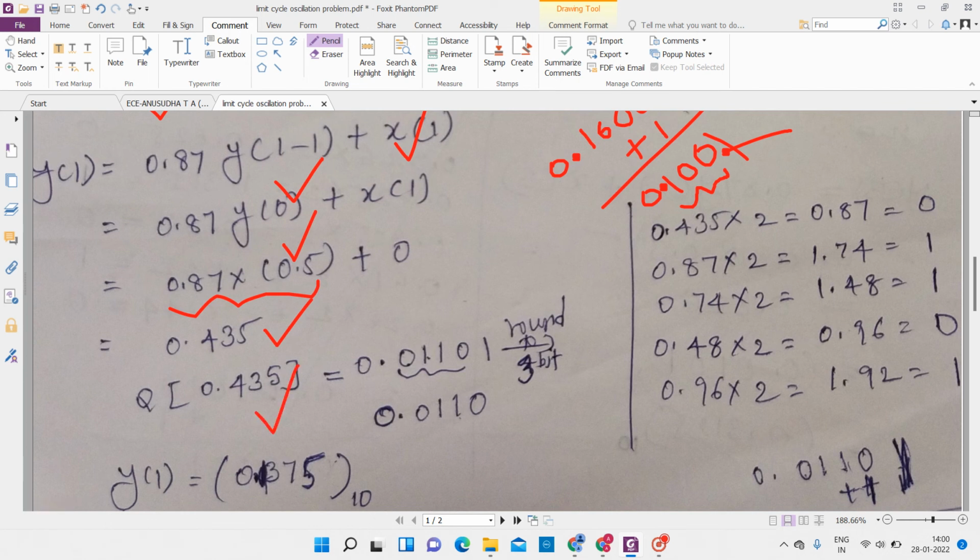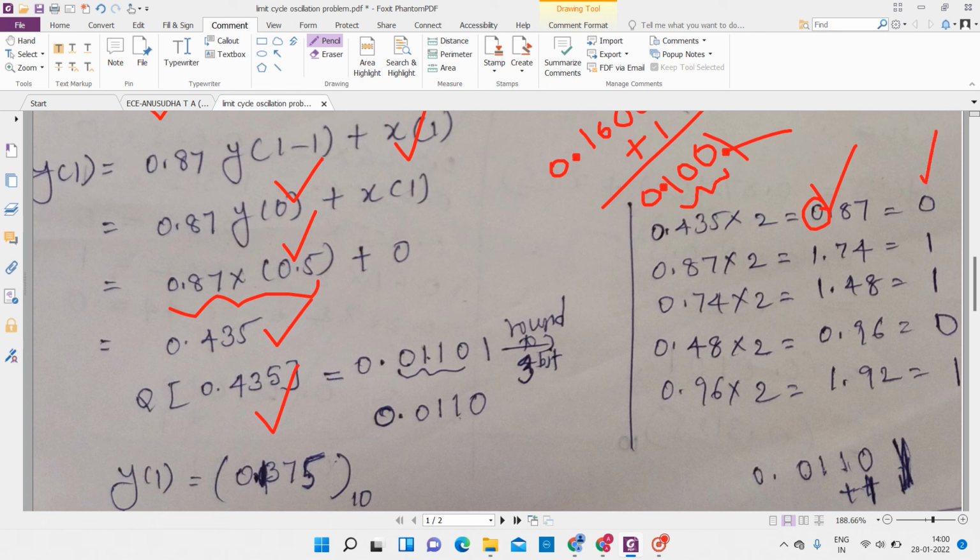That is, we are doing the quantization, right? So the same process, for 0.435 you just have to multiply by 2. We find the product of these two numbers. You will get 0.87. So the first number is our first binary bit, that is 0. Again you have to take 0.87 multiplied by 2.